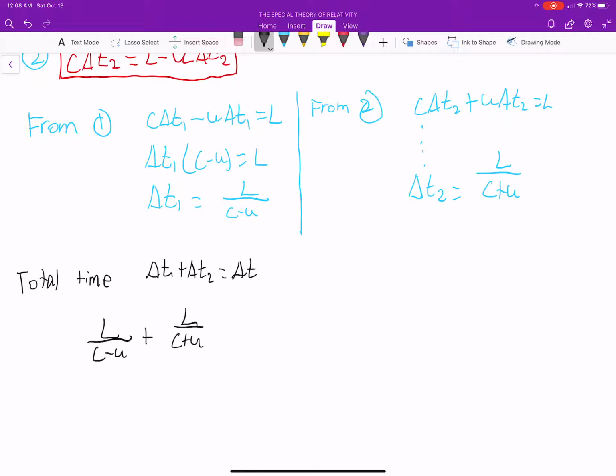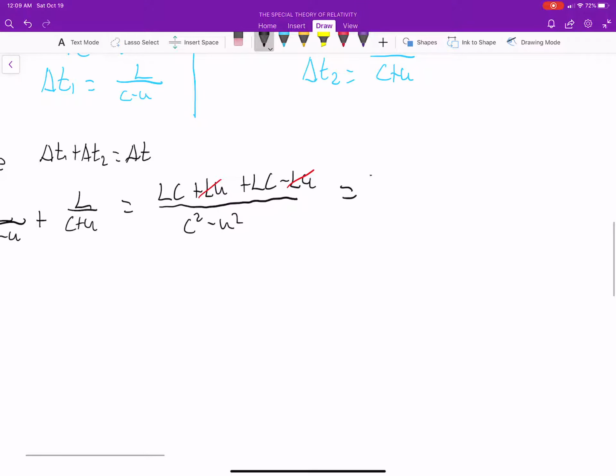Okay? So let's see, that's L times c plus L times u plus L times c minus L times u, all over something minus something times those same somethings being added. That's just c squared minus u squared, right? The L u terms drop.